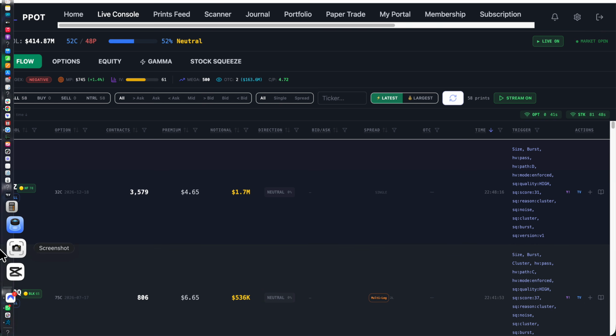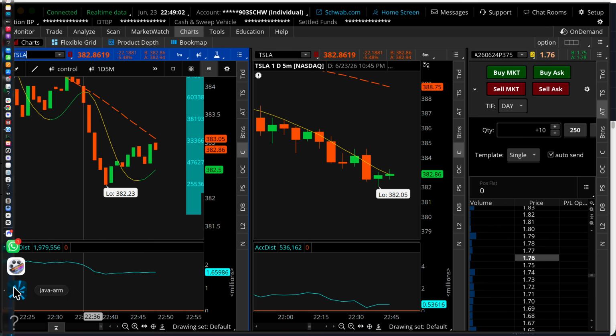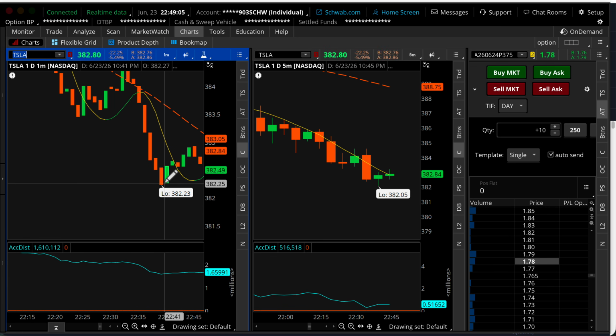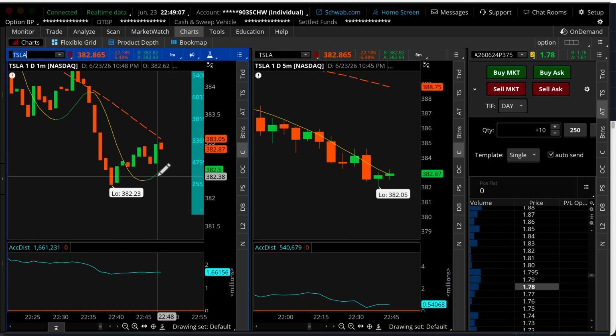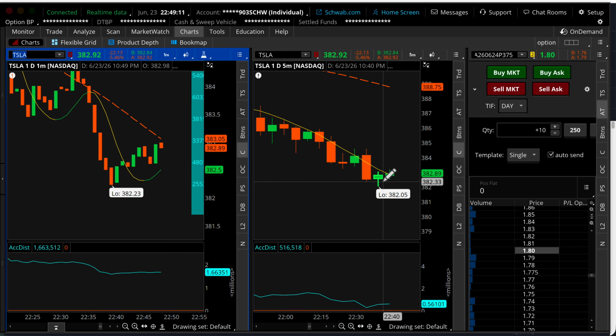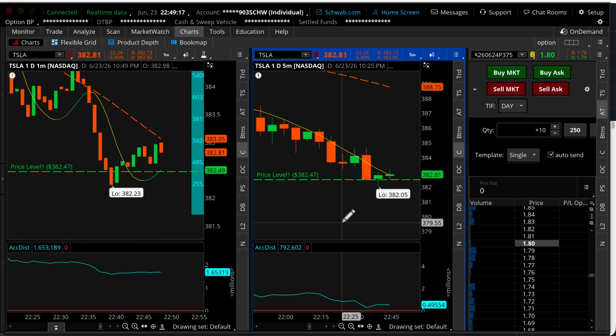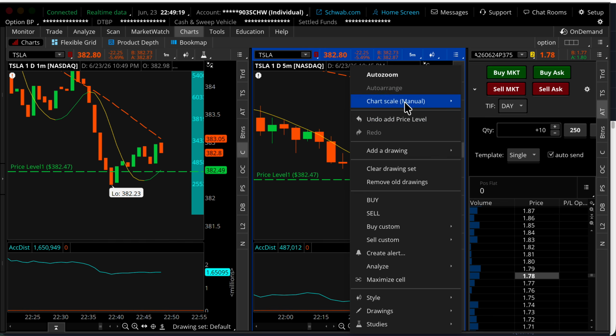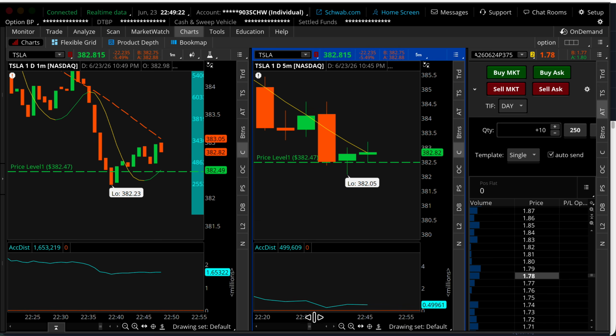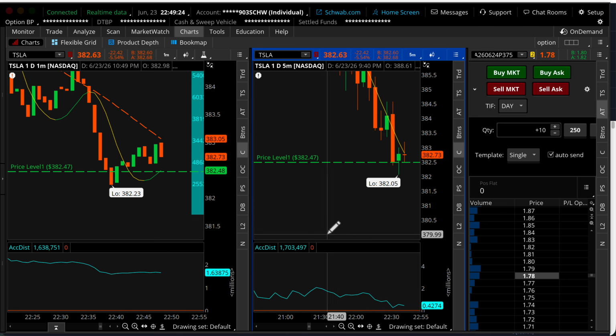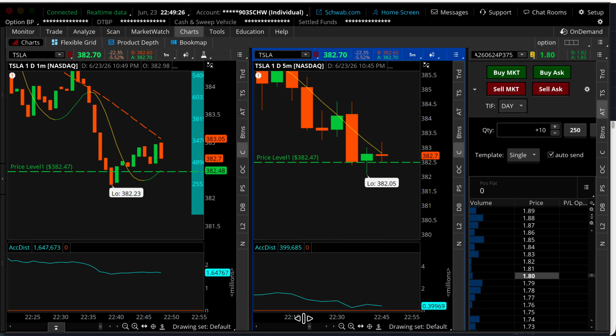So that's the trade there with Tesla, and I will probably exit this trade. I'm going to see if Tesla wants to make another run for the low of the day, which would be right here. So I will put my level right there. But let's get into what really matters.